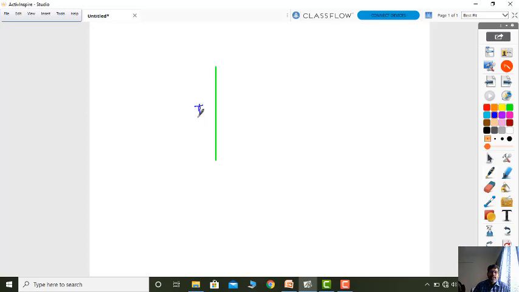This is the current I which is carried by this conductor, and the line current can be represented as I dl. Let us say the length of the conductor is L. This is a conductor which carries a current I. The length is, let us say, L.